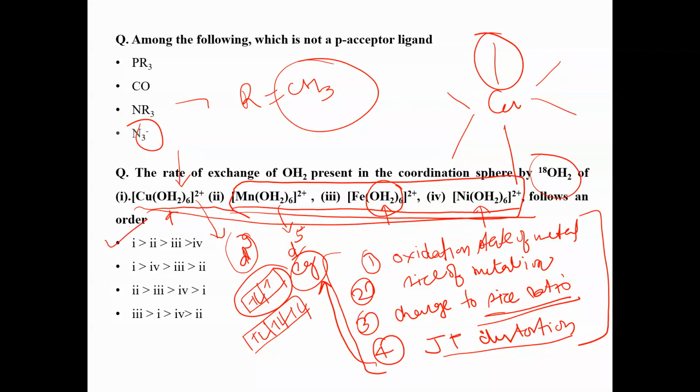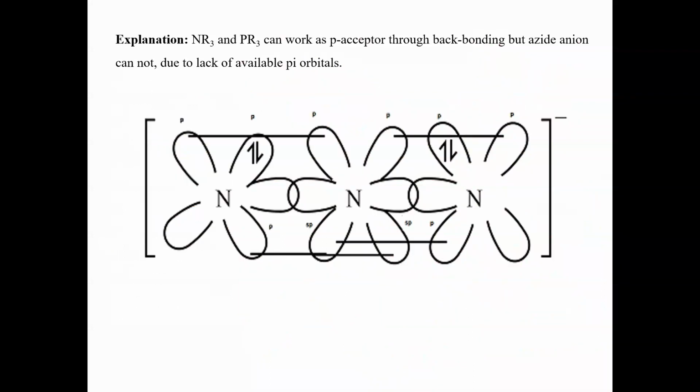And what about this one? Okay, let me discuss it on the next slide. So NR3 and PR3, if I consider R as methyl, here these pi orbitals can have back bonding.